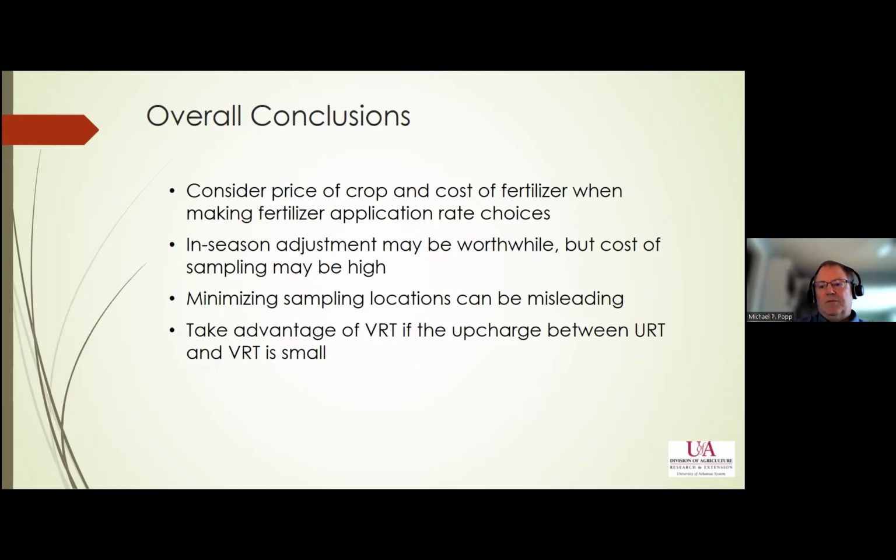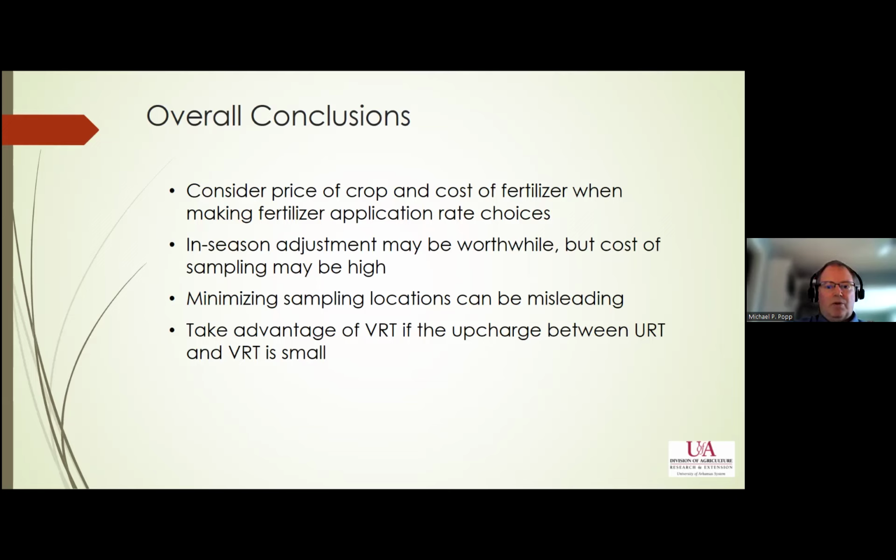I showed differences in profit between the VRT recommendation and the profit maximizing one that were quite small, but you change the price of the crop and the price of the fertilizer and the yield potential, and you can get some much larger differences based on average STK in the soil.